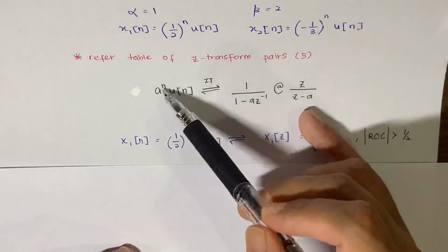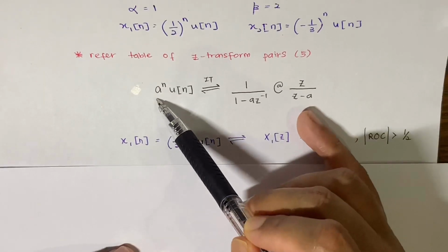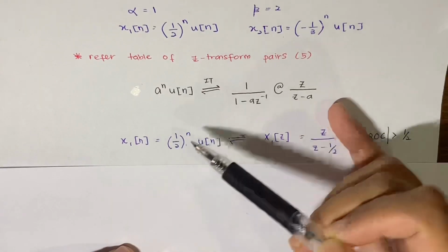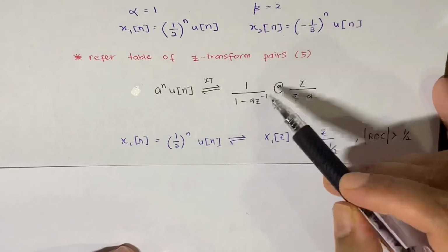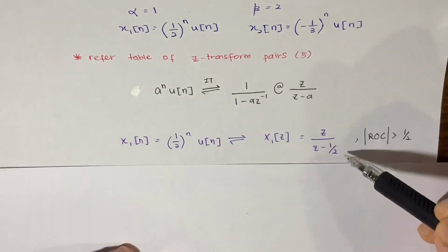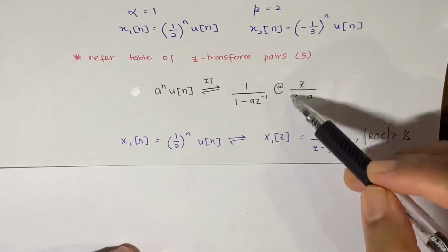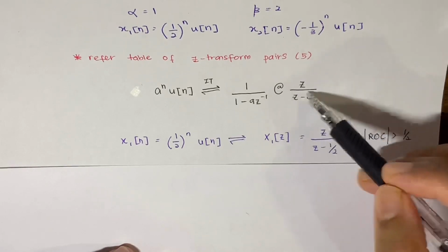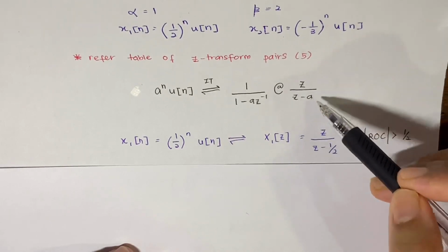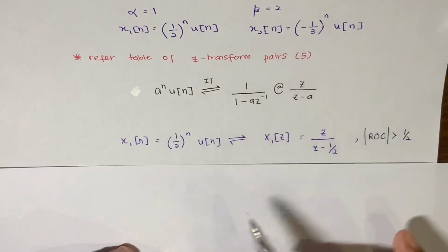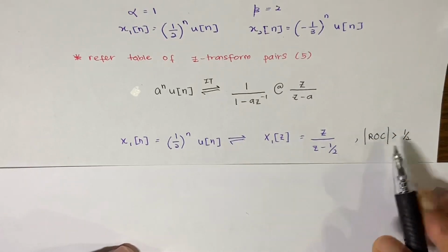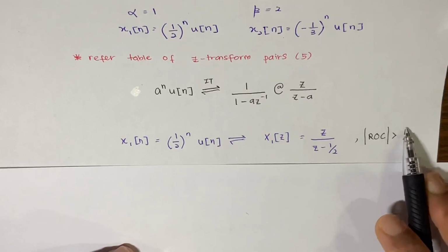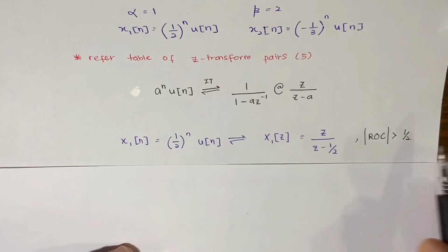So here we know that A is 1/2. So just substitute A into this equation or this equation. In this case, I'm using this one. So Z over Z minus 1/2, we know that |Z| is greater than 1/2.